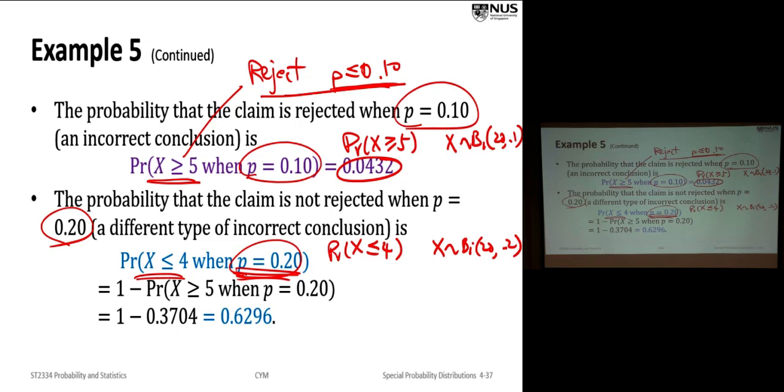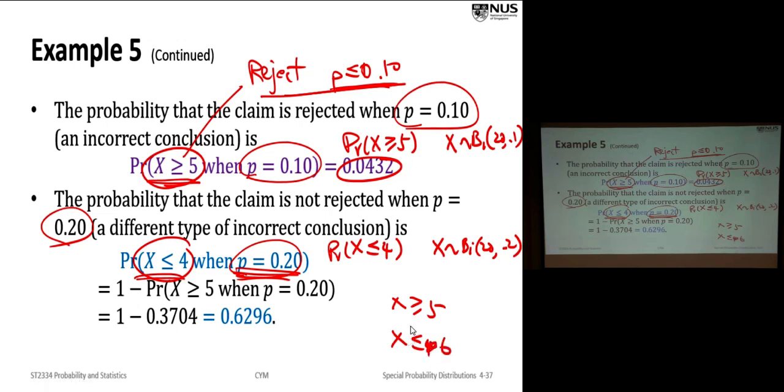So this decision rule, you cannot change just one side. These two are complements of each other. You cannot say that X greater than or equal to 5, and then also change the other one to 6.